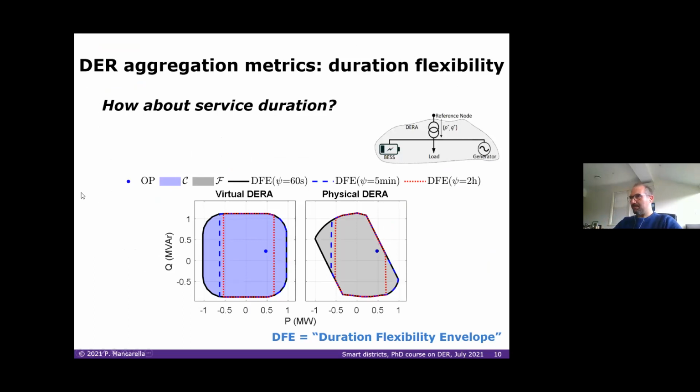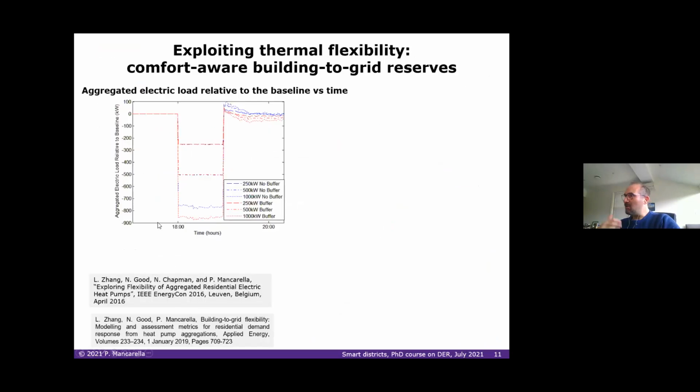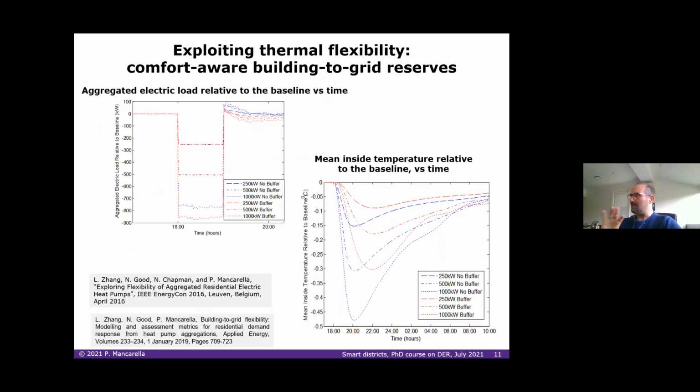It also depends on the potential additional storage that you have. For example, in this kind of study, we show that by changing the amount of thermal storage and buffer and everything else, you effectively change the equivalent size of your virtual store from an electricity perspective, and therefore you can provide more and more demand response, potentially with a lower impact on comfort.